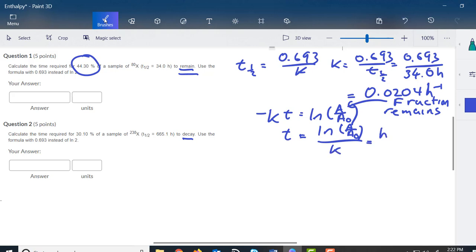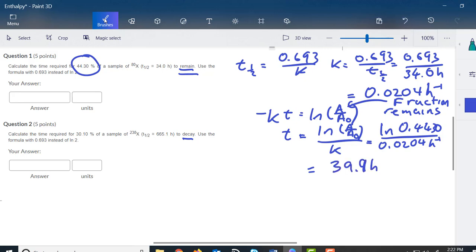So that's going to be log of 0.4430 divided by the K, which we already calculated, 0.0204, and that's hours to -1. So the time we're going to come up with here is going to be 39.9 hours.